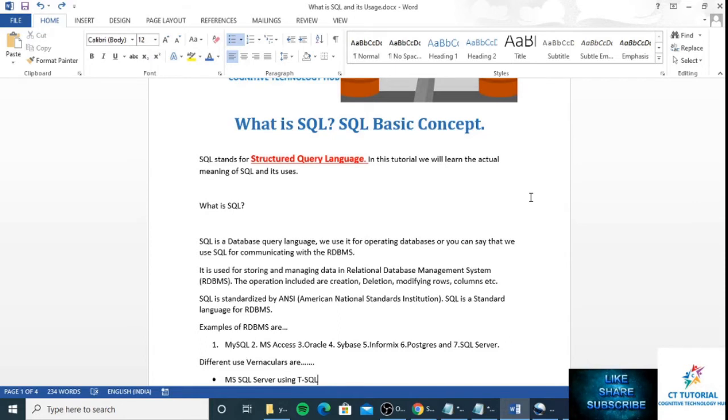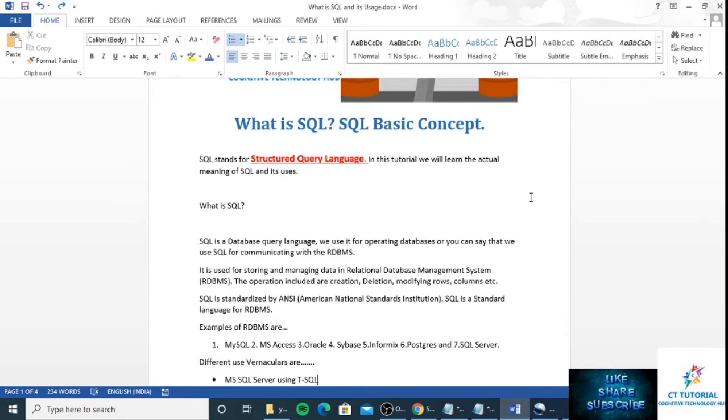The operations included are creation, deletion, modifying rows, columns, etc. SQL is standardized by ANSI, meaning American National Standards Institute. SQL is a standard language for RDBMS.